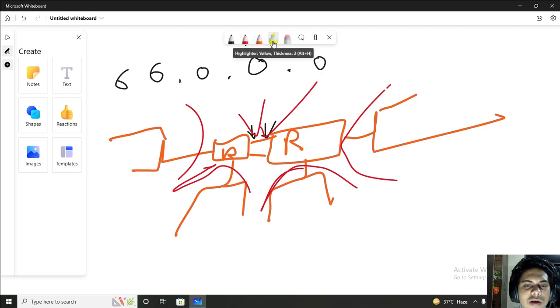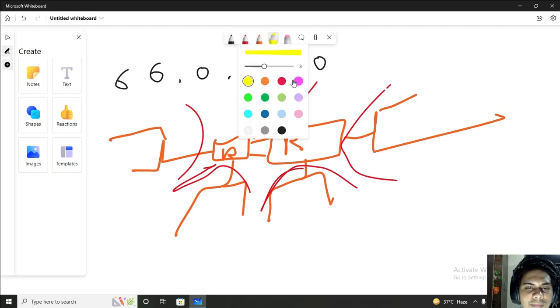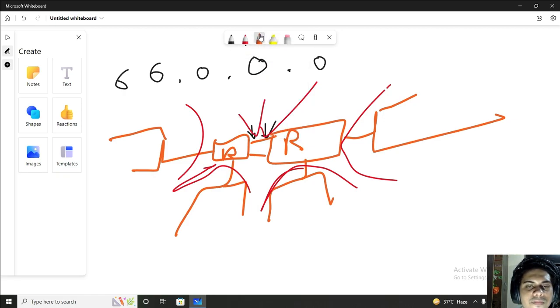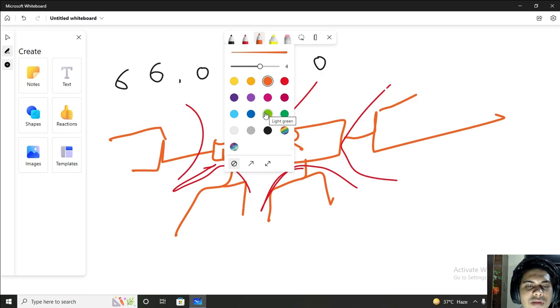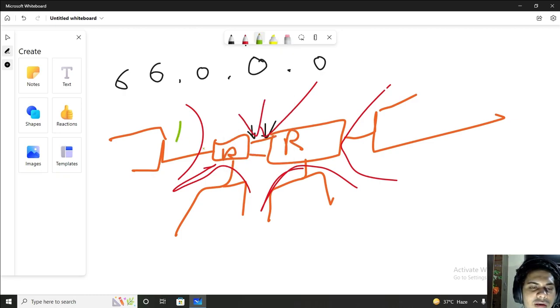Let me change the color and write with green. I need one here, one here, one here, one here, one here, and one here. Total I need 1, 2, 3, 4, 5, 6: six networks. Six new, unique networks.